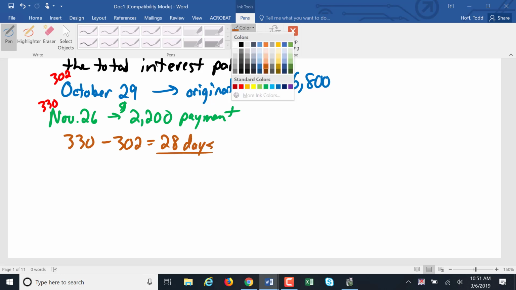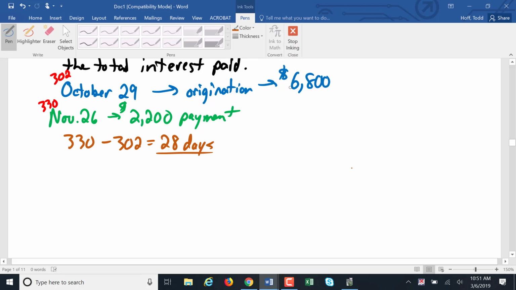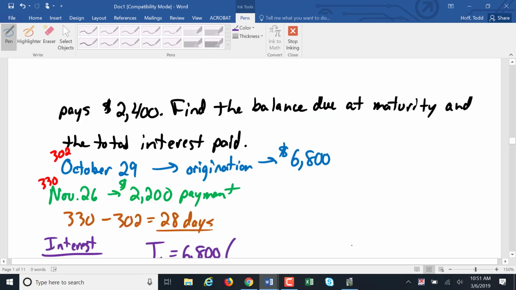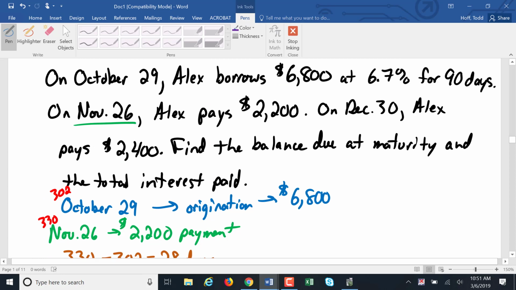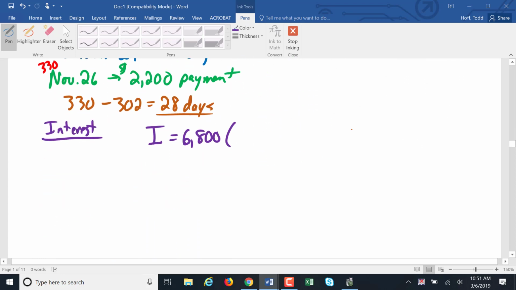So to find our interest, we have I equals PRT, our principal, $6,800. Our rate, this was a 6.7%, so 0.067.